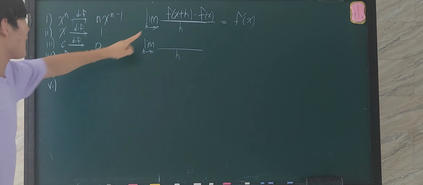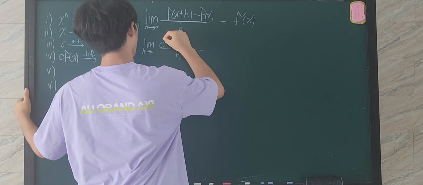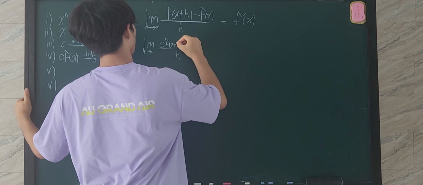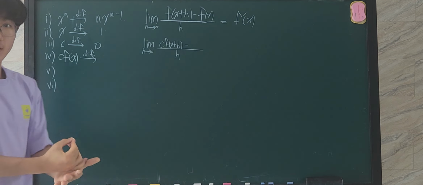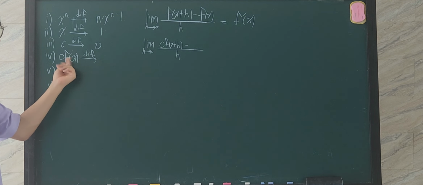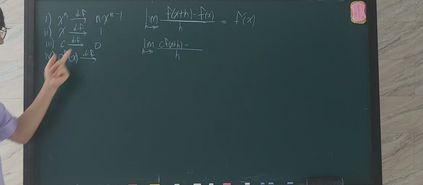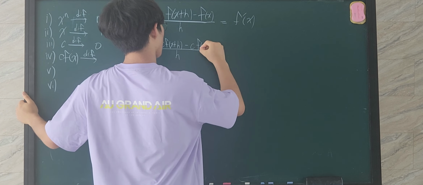So when you input x plus h into this entire value, you're going to get c f(x plus h) minus f(x). I said f(x) is the function that you want to find the derivative function of, so in this case it's the entirety of c f(x). So you're going to subtract c f(x).